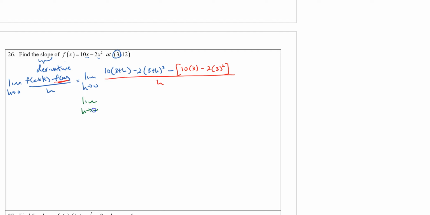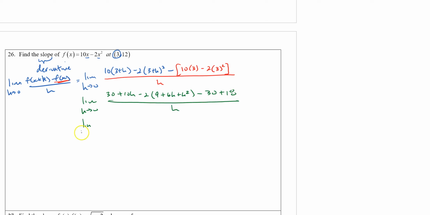Simplify this a little bit. Limit as h goes to 0. I've got 30 plus 10h minus 2 times 9 plus 6h plus h squared, minus 30 plus 18, all over h.